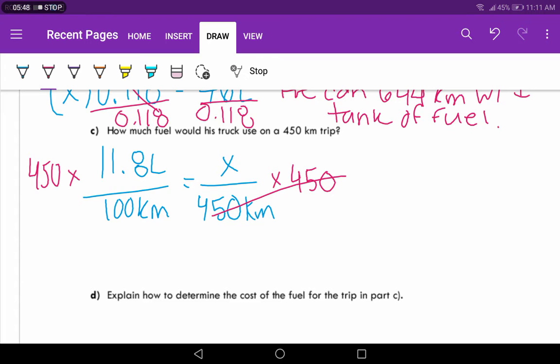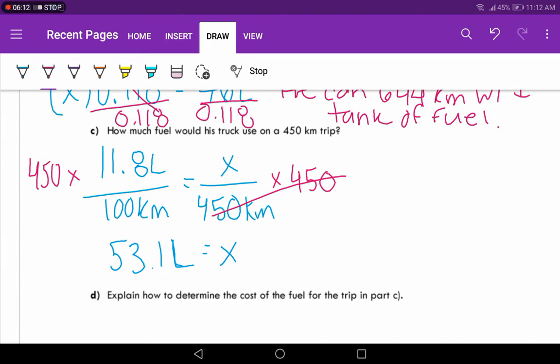Okay, so now it's just simply using our calculator. So we're going to do 11.8 divided by 100 times 450 tells us that he is going to need 53.1 liters of gas to travel 450 kilometers.